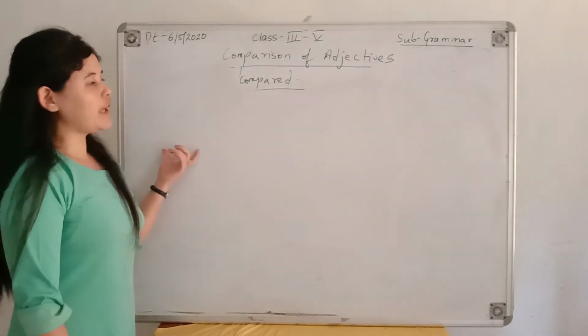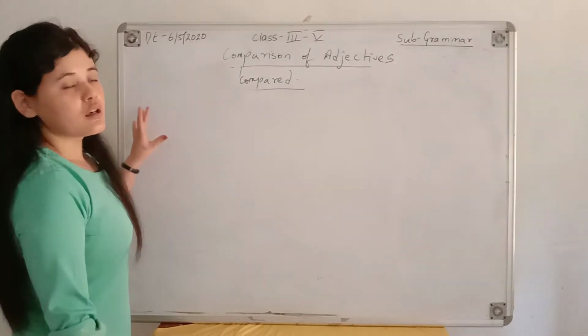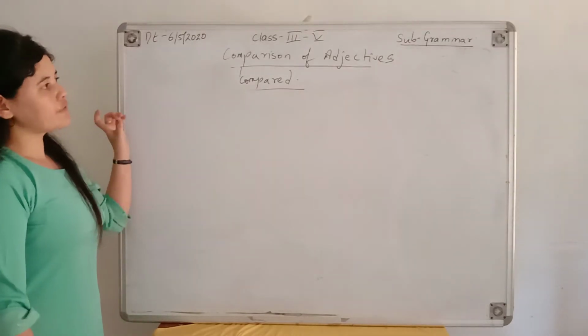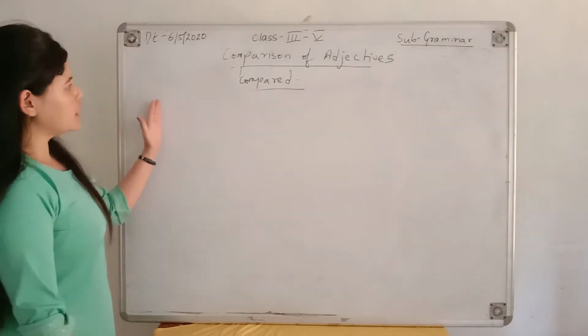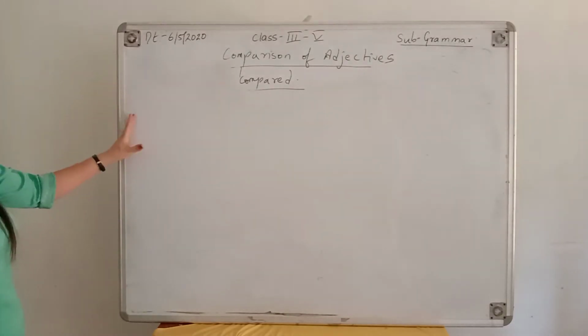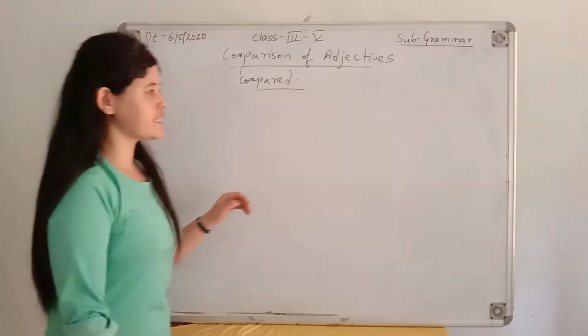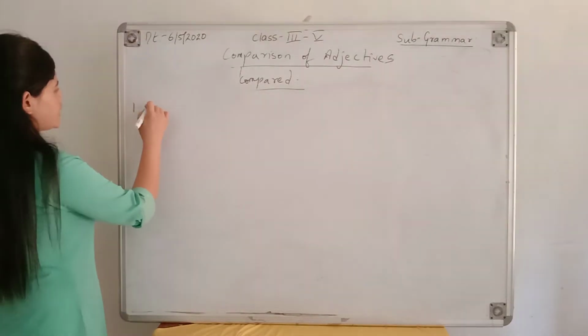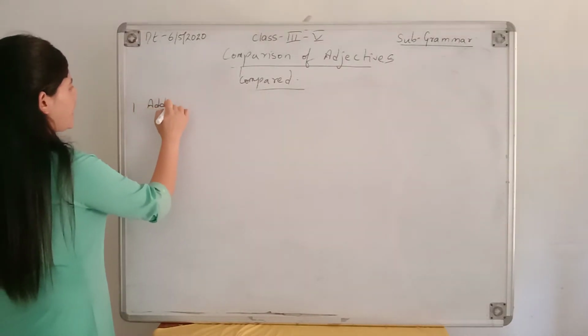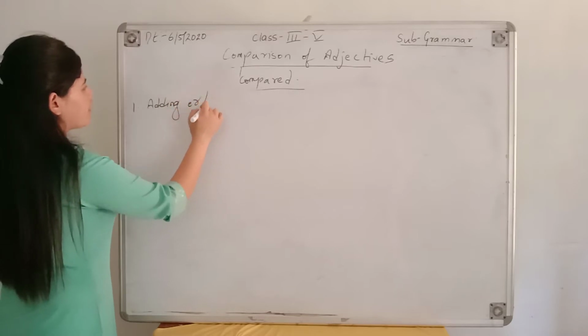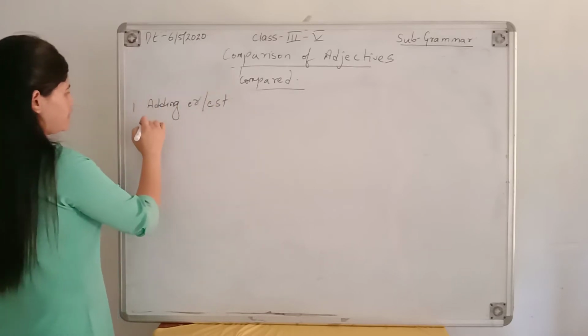So till now we have learned about positive, comparative and superlative degrees. Now we will learn how to change the positive degree into comparative and superlative degree. Number one is adding er or est.